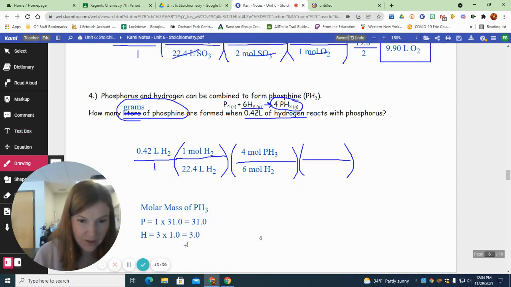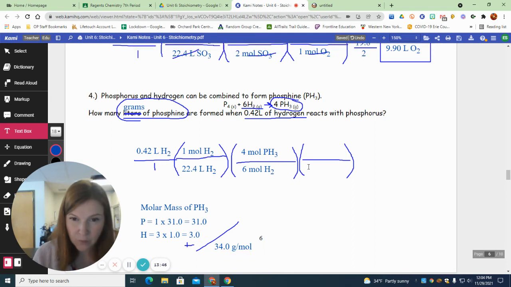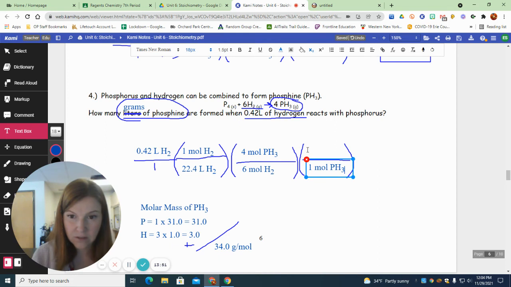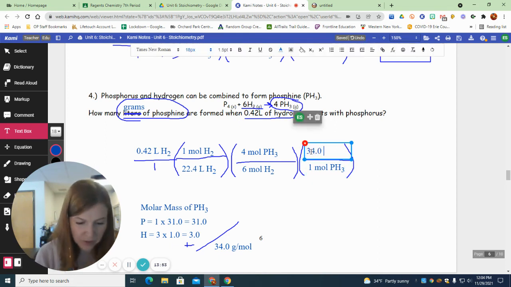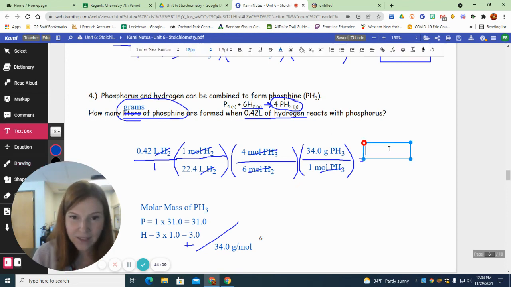Add those together, and we wind up with a mass for this of 34.0 grams per mole. So move that over here. 1 mole of PH3 is equivalent to 34.0 grams of PH3. So that is my setup. And if I do this correctly, I should be able to cancel units. Liters of hydrogen, moles of H2, moles of H2, moles of PH3, moles of PH3. There you have it.